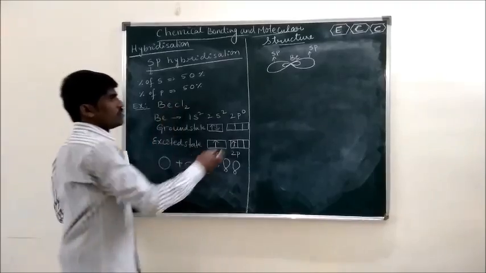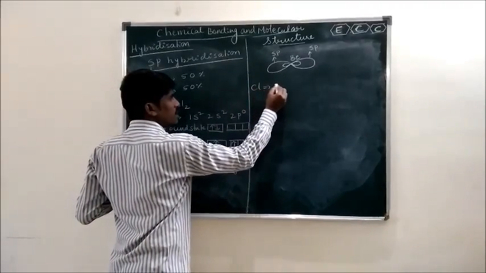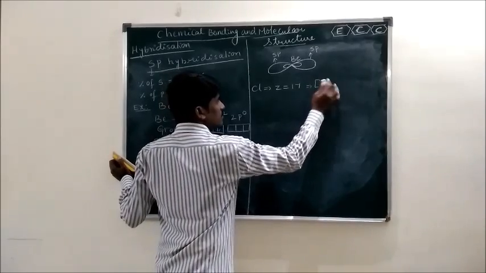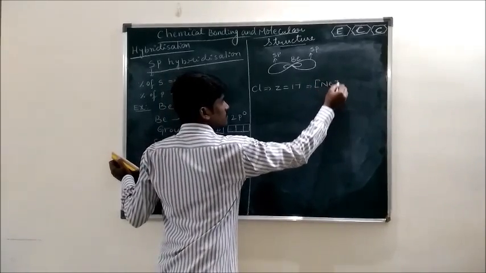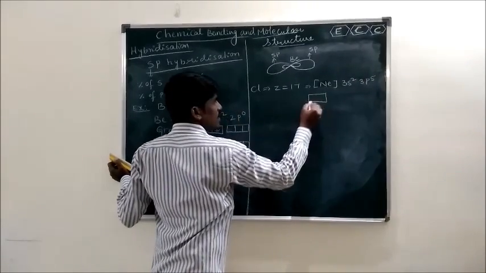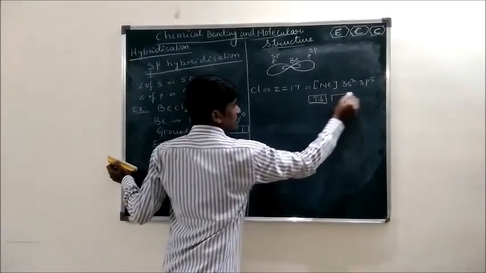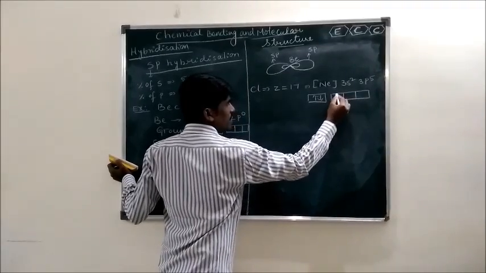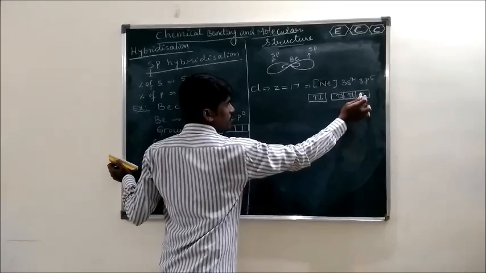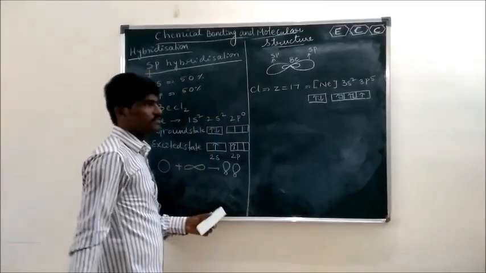Now, the chlorine atom, if you consider, chlorine atomic number is 17 and electronic configuration is neon 3s2 3p5. 3s has 2 electrons and 3p has 5 electrons, in which this 3p orbital has one unpaired electron.